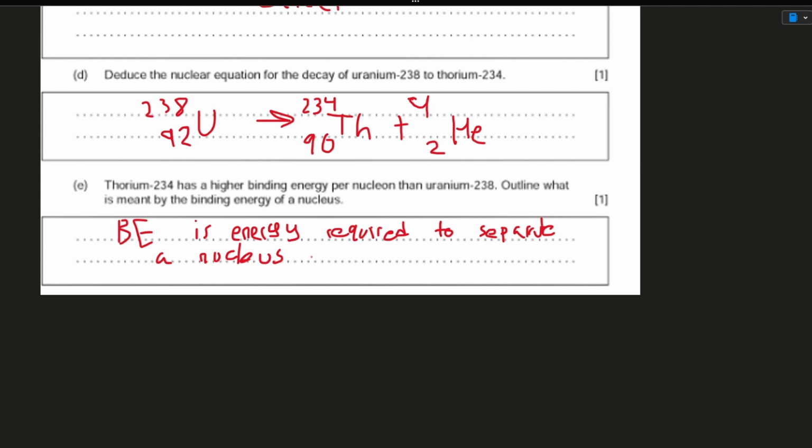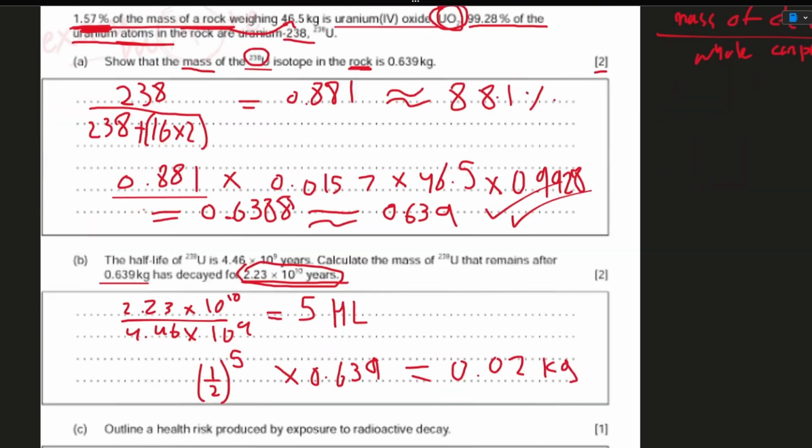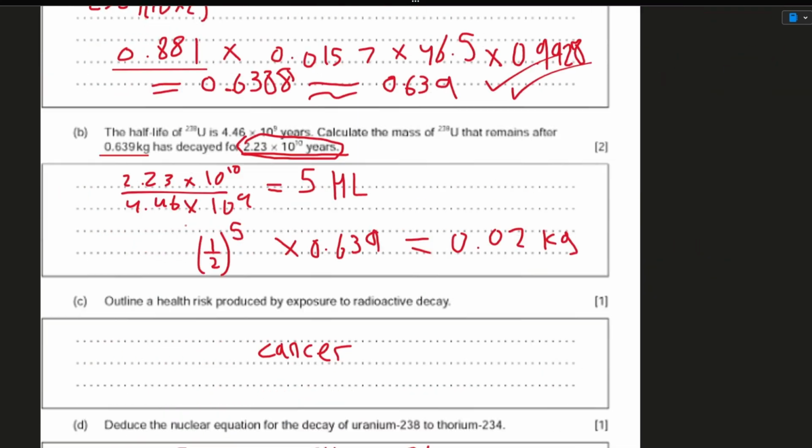Let's get technical. We can say the energy required to separate the nucleus into protons and neutrons, or you can just say nucleons instead. And that should be it for this question.